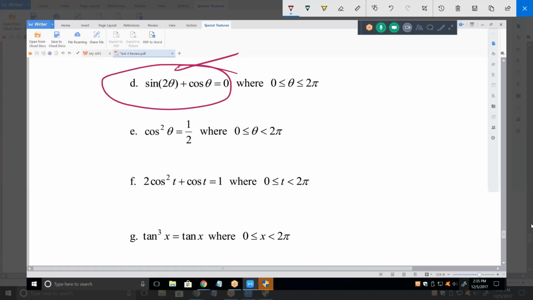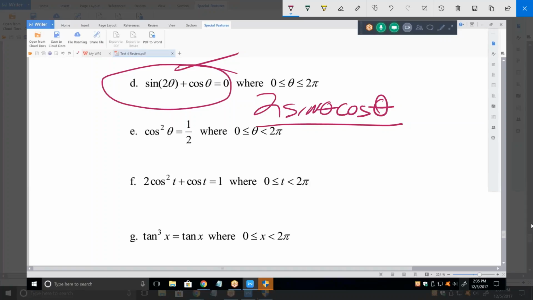It's 2 sine theta cosine theta. In other words, we had an earlier problem where this is what they gave you. And you had to figure out that that was sine of 2 theta.